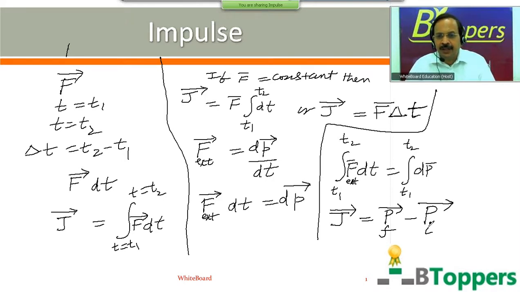Then the impulse of the resultant external force acting on the body for the time interval delta t equal to t2 minus t1 will be equal to the change in the linear momentum of the body. So the direction of the impulse is the same as the direction of the change in the linear momentum vector.